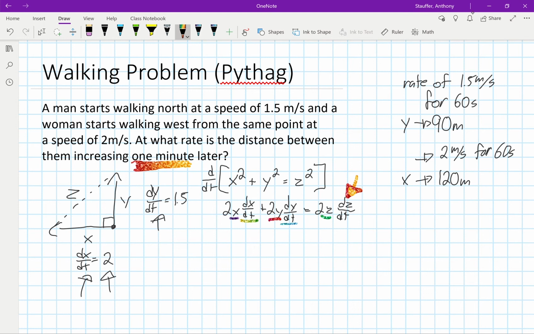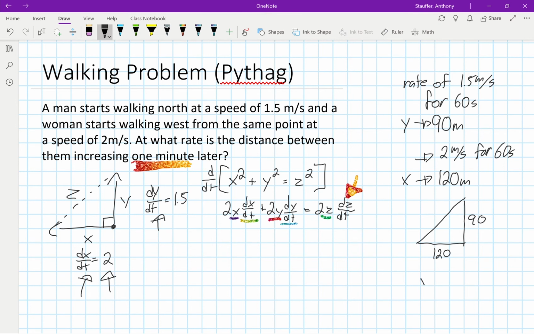Well, if we fill in the triangle with the values that we've already found, we found that the y is 90 and we found that the x is 120.